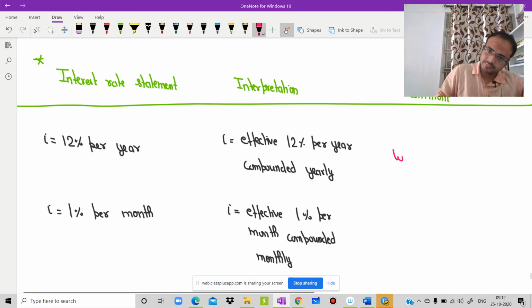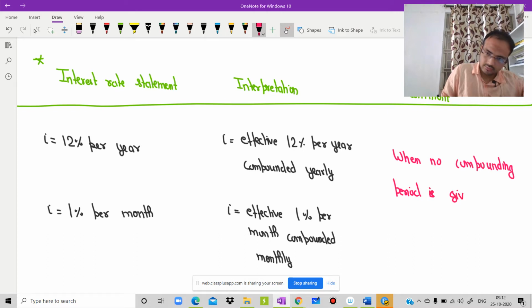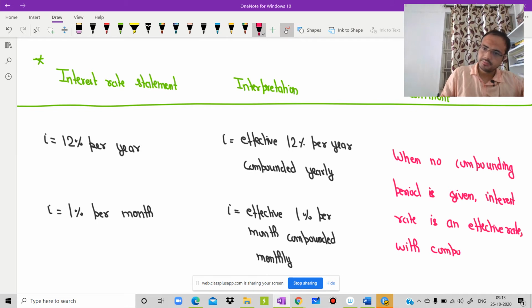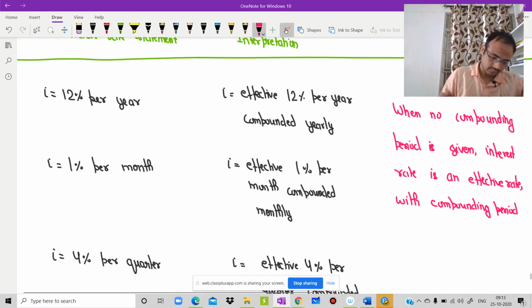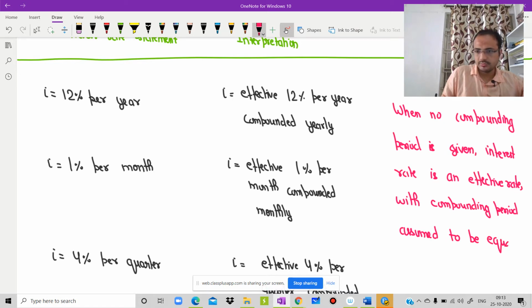When no compounding period is given, then the interest rate is an effective rate with compounding period assumed to be equal to the stated time period.